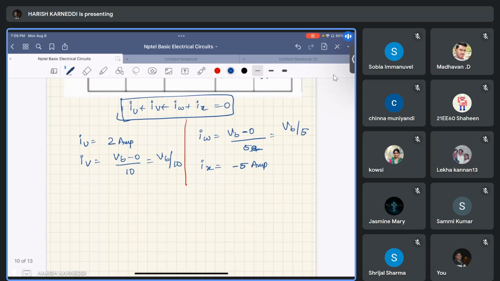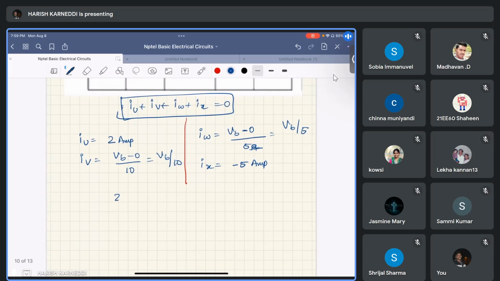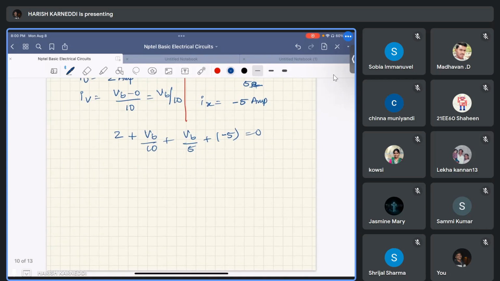So one can write the KCL equation: IU equal to 2 amperes plus IV equal to VB by 10 plus IW equal to VB by 5 plus Ix equal to minus 5 equal to 0, right?